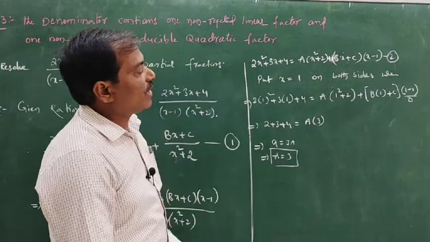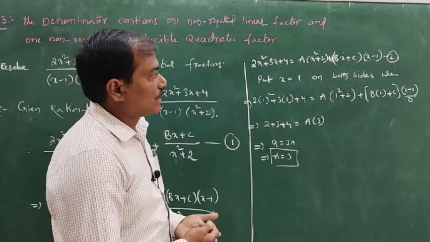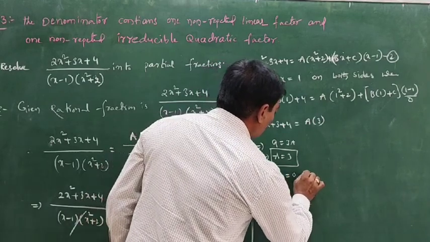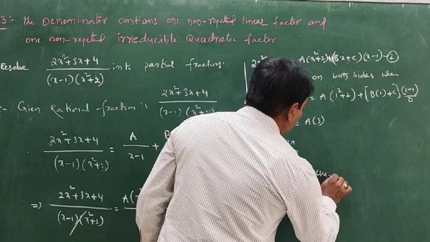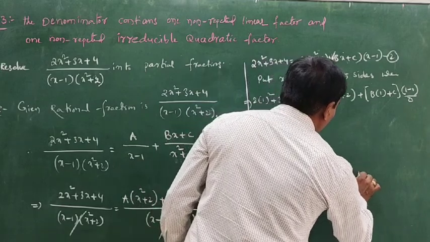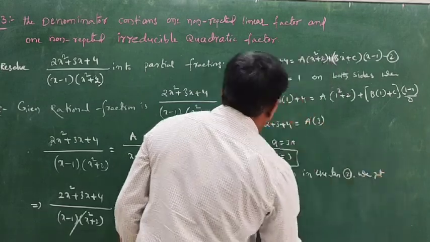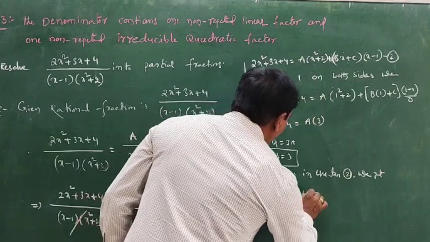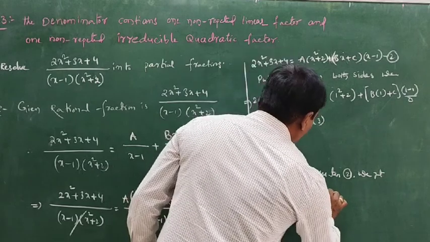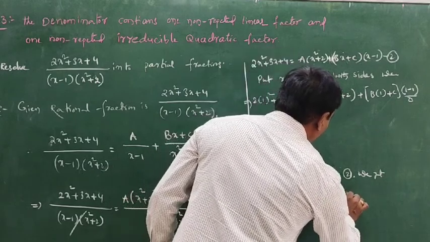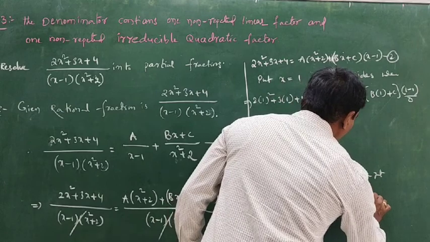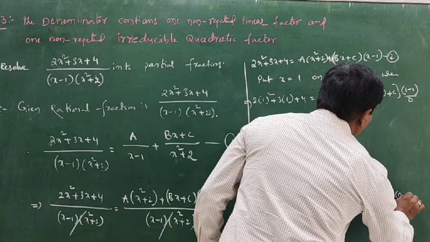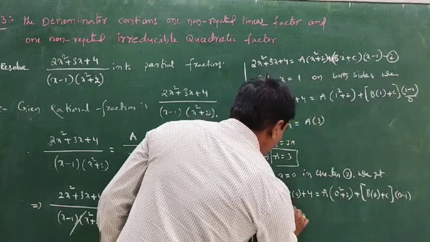Okay. Now next we have to substitute x = 0. Put x = 0 in equation 2. We get 2(0)² + 3(0) + 4 = a(0² + 2) + b(0) + c(0 − 1), and this is 4.